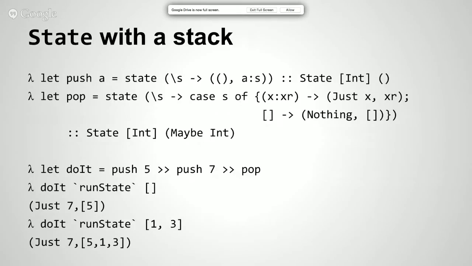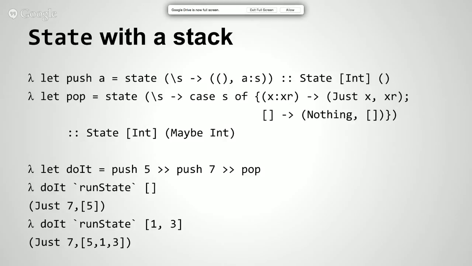So for example, we have a stack. We define push A as the stateful action where our state is a list of integers. The top of the stack is the head. Push A is the action that doesn't return anything, so it just returns unit, but it conses that A onto the stack.